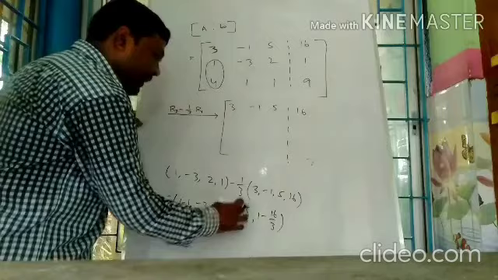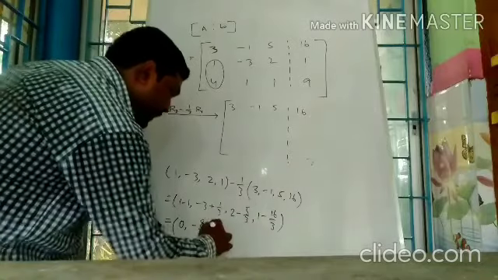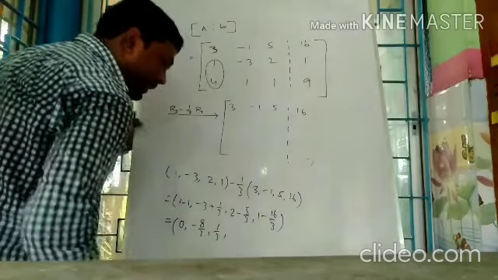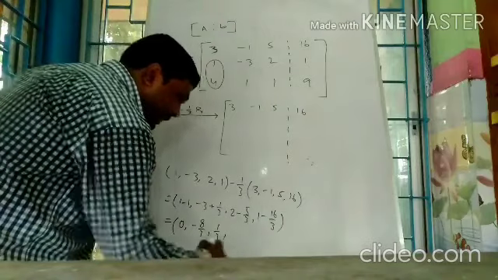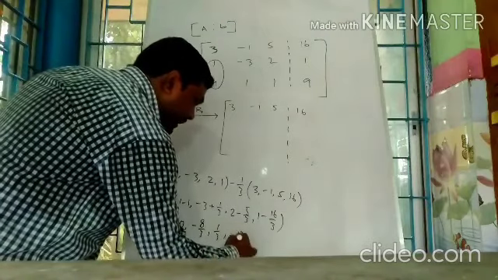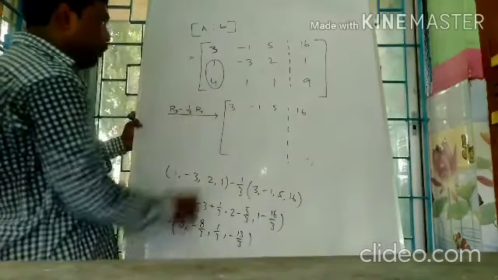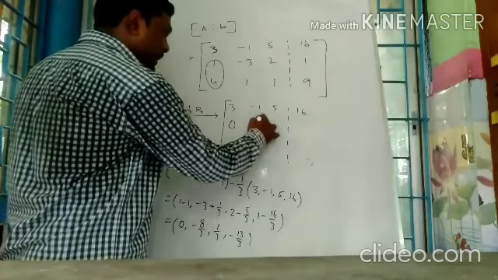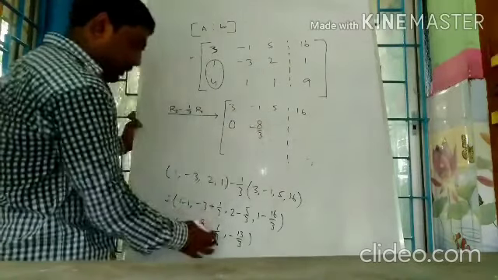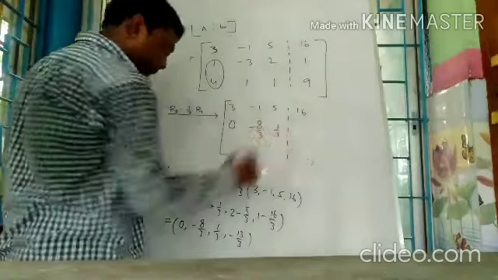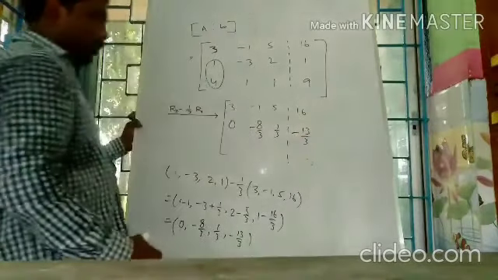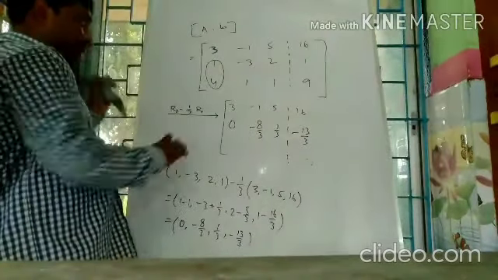Next 2 minus 5 by 3 is 1 by 3. Next 1 minus 16 by 3, that is minus 13 by 3. So the second row is 0, minus 8 by 3, 1 by 3, minus 13 by 3.